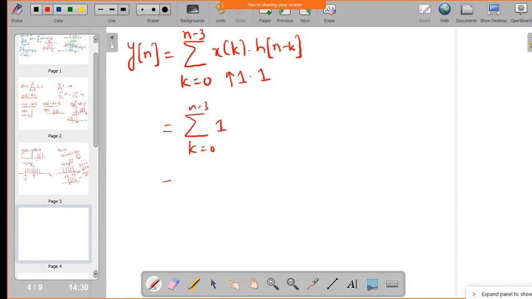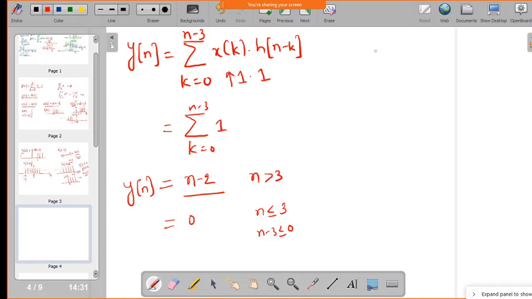So the value is n minus 2 when n is greater than 3, and it is 0 when n is less than or equal to 3, or you can say n minus 3 is less than or equal to 0. So this is your convolution sum y of n for u of n into u of n minus 3.